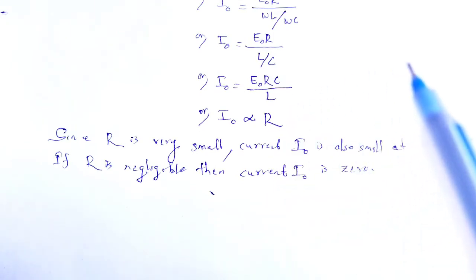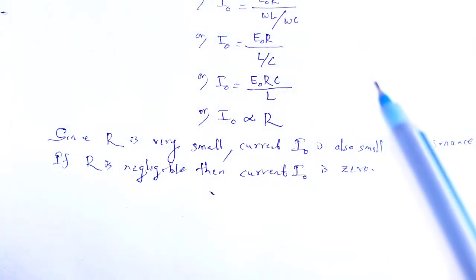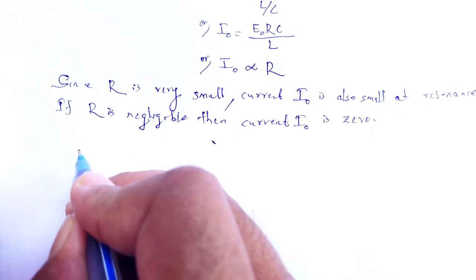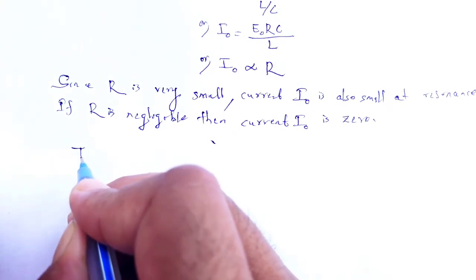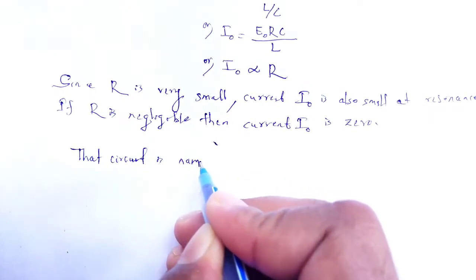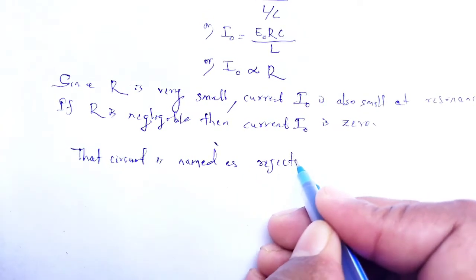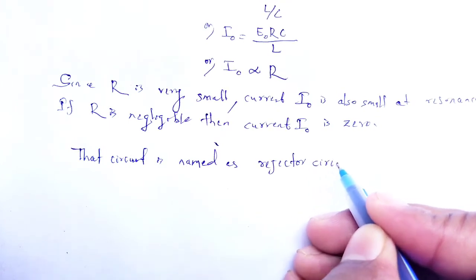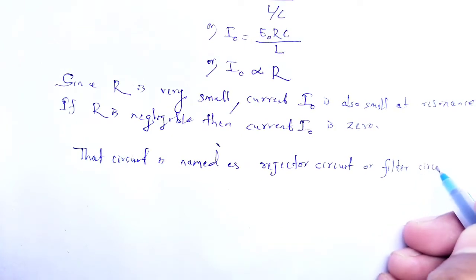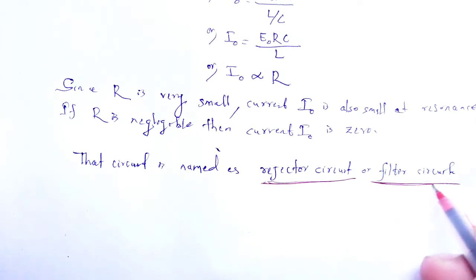Hence the parallel resonant circuit is known as rejector circuit or filter circuit.